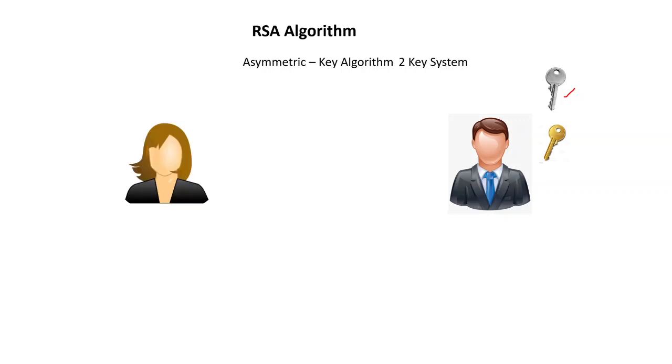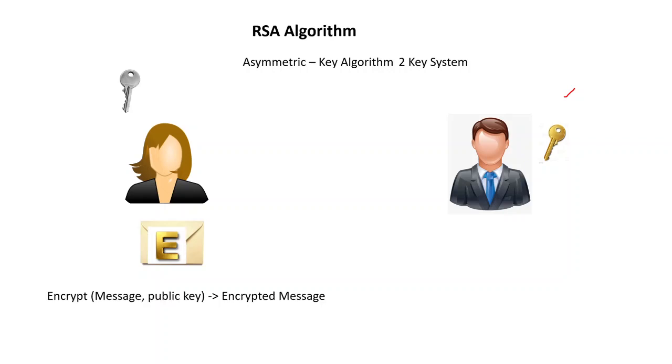Now, say Anushka likes to send a message to Virat. Anushka will get hold of the public key, the key shown in silver, and use it to encrypt the message. Algorithmically, encrypt is a function that takes as input the message and the public key, and outputs the encrypted message.